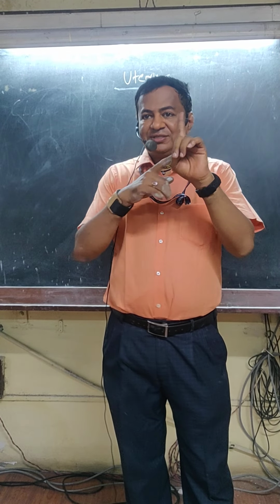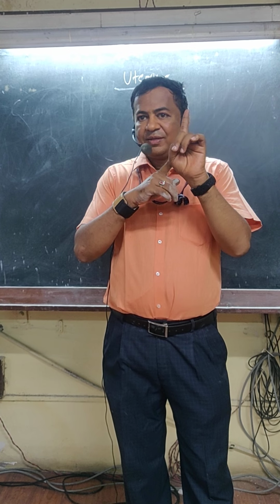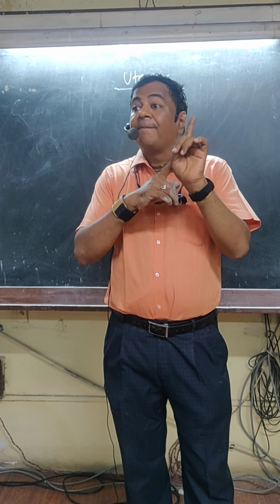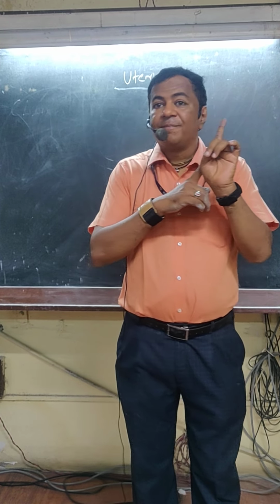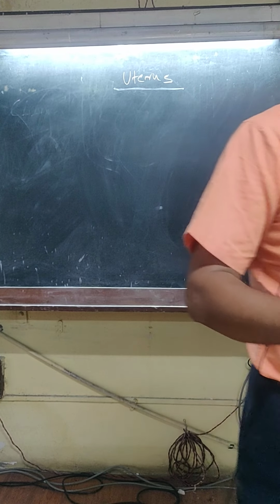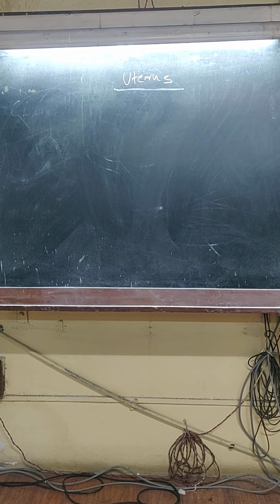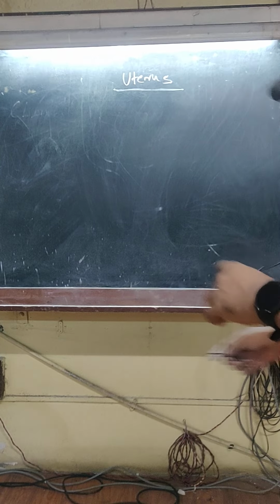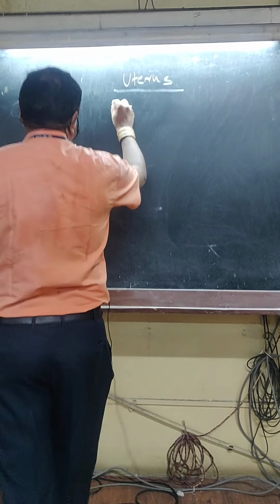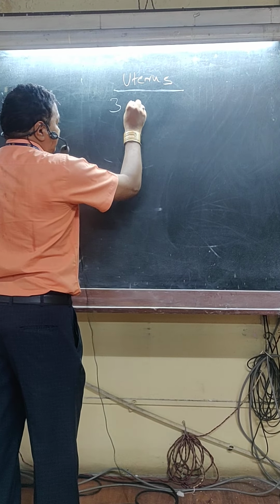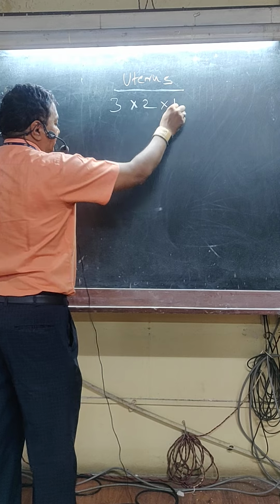So the dimensions of the uterus are 3 inches by 2 inches by 1 inch.